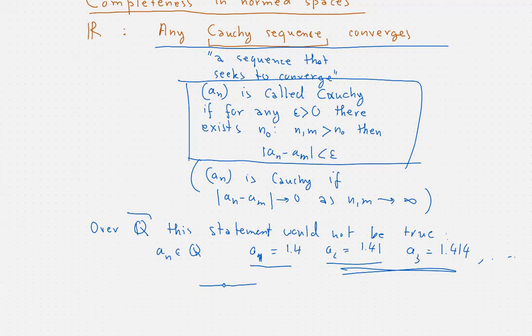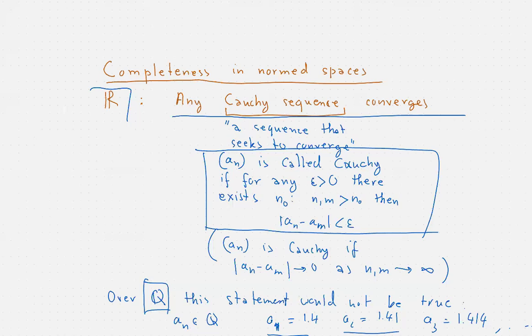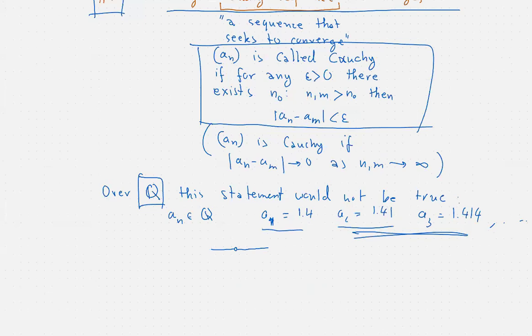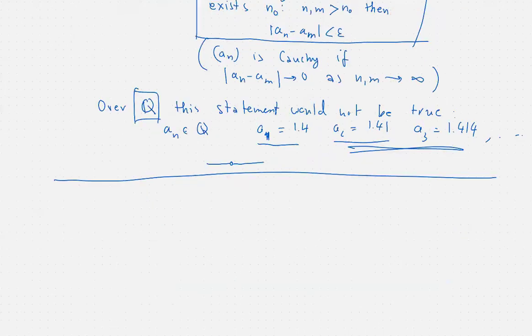Okay? So, if we have now a normed vector space, so let V equipped with a norm be a normed vector space, then we can define convergence of sequences and Cauchy sequences in exactly the same way as we do over the real numbers.